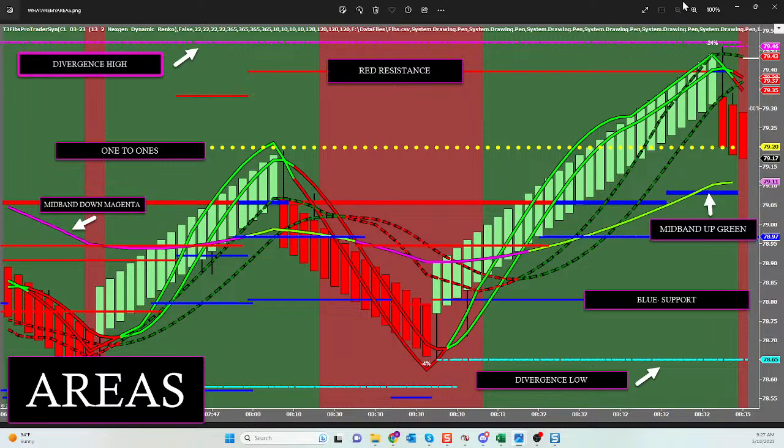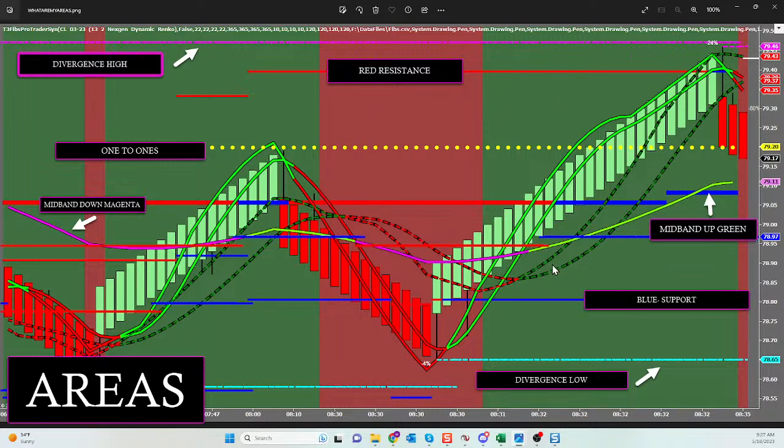Divergence is a loss of momentum. You'll see it print magenta from a high pivot. You'll see it print cyan, or that light blue if you're not artsy-fartsy, from a low pivot. It just means that there was a loss of momentum. Guys, divergence printing on its own is not a termination condition. Red Fibonacci resistance, blue Fibonacci support, yellow one-to-ones.